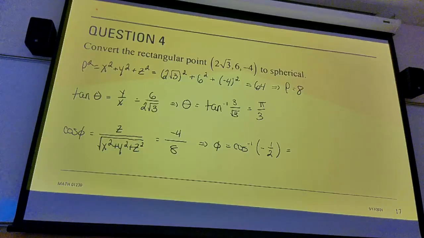Two pi over 3. There's our spherical point.